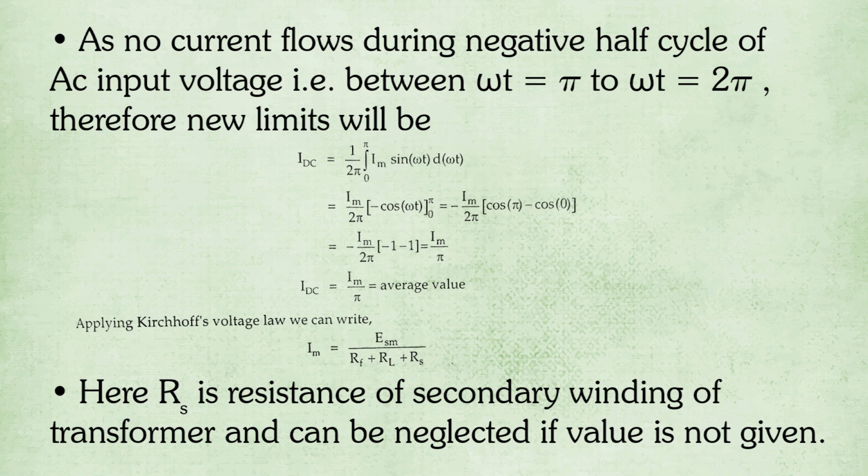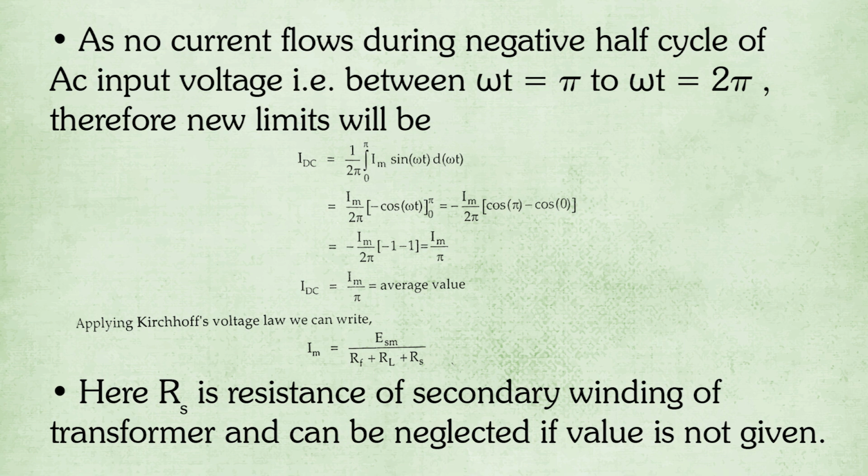As no current flows during the negative half cycle of the AC voltage, that is between omega t equal to pi to 2 pi, new limits will be used. That is, IDC will be equal to 1 upon 2 pi, we will find the average value from 0 to pi, and the final value obtained will be Im upon pi, which is the average value of load current.